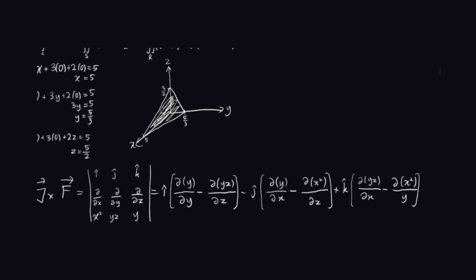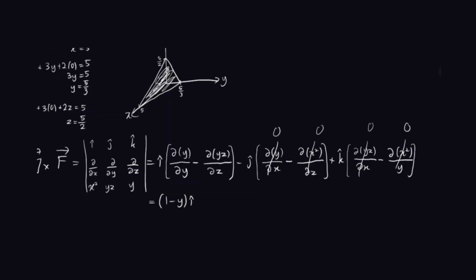Same thing with the others. And remember, for the j, you need to put a minus, because the signs are plus, minus, and plus. So after you differentiate all, this is your answer.